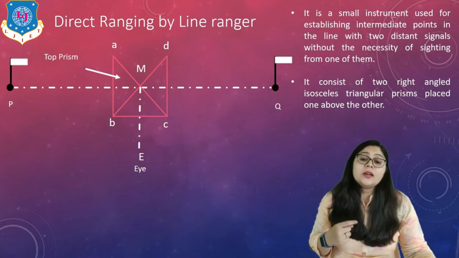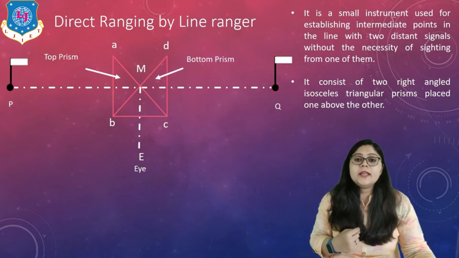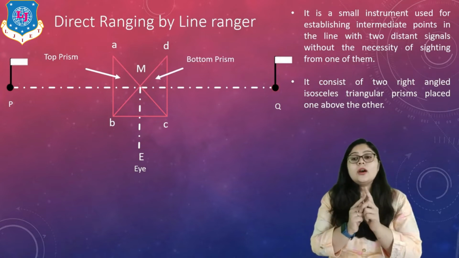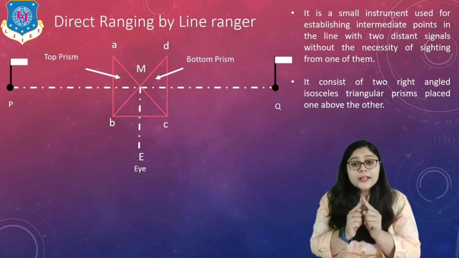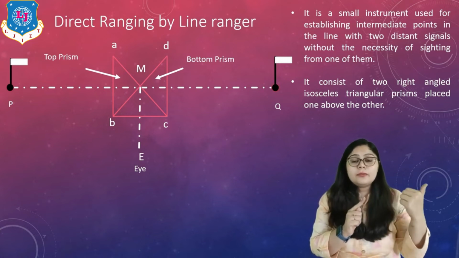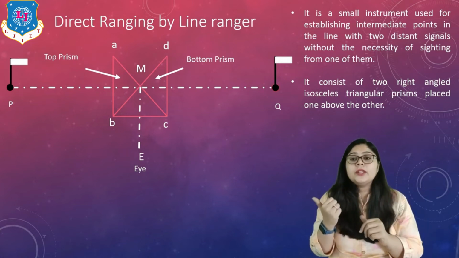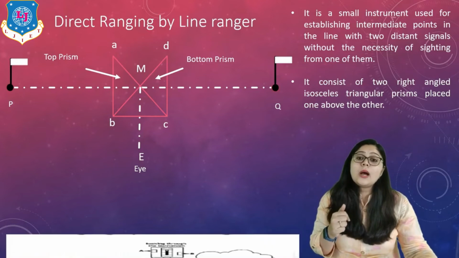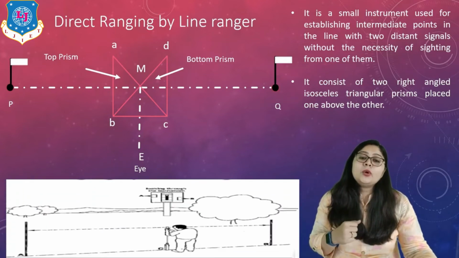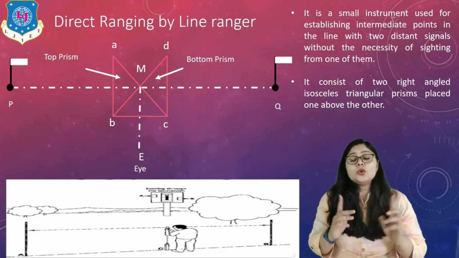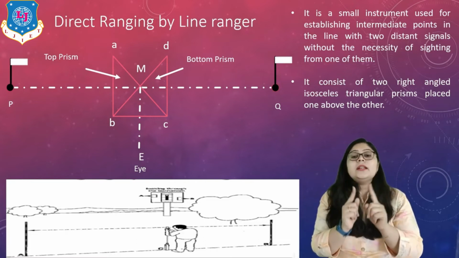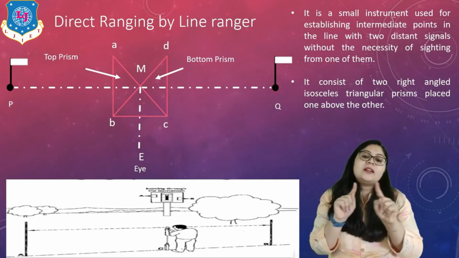Here it is the top prism and it is the bottom prism that is used to see the image or the reflection of one ranging rod from Q and another from P. When these two reflections are in the same straight line, then and only then can we say the points are on the same line.